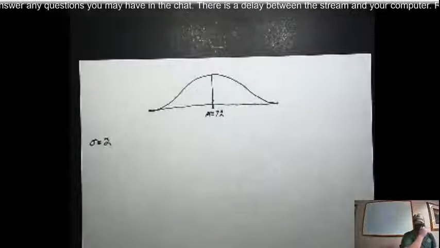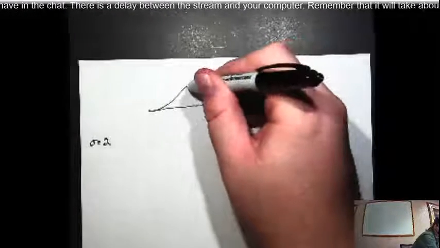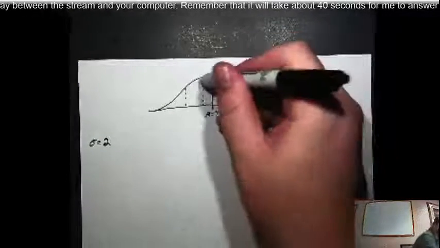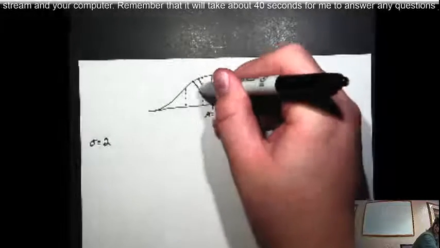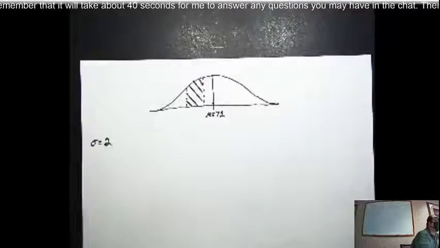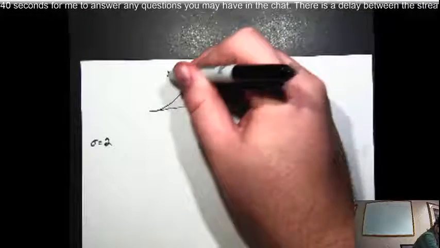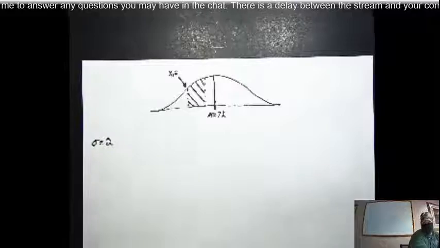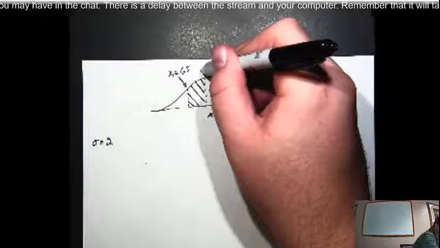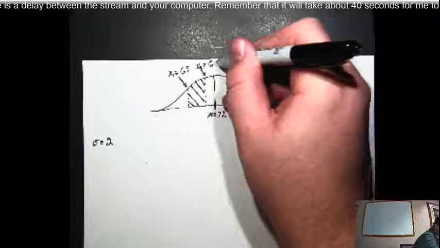So let's get some x values in here. Let's say one of them is right here and one of them is right here. So we're going to find this area. Okay, so x1 is going to be 65, and x2 is 69.